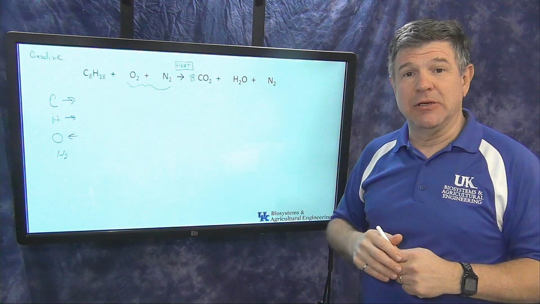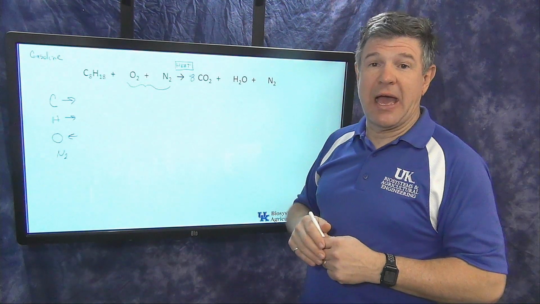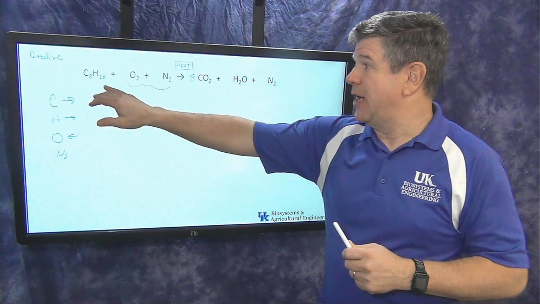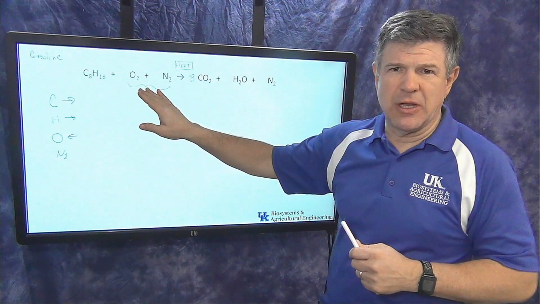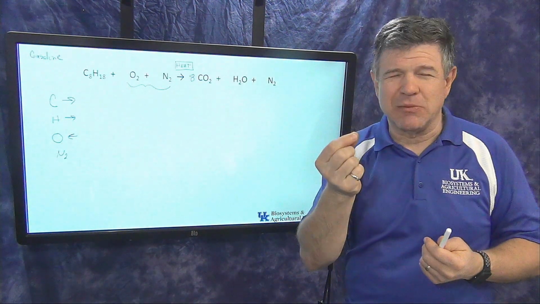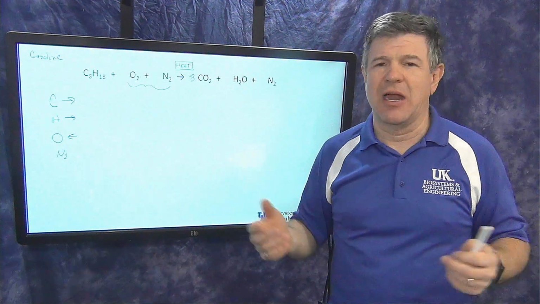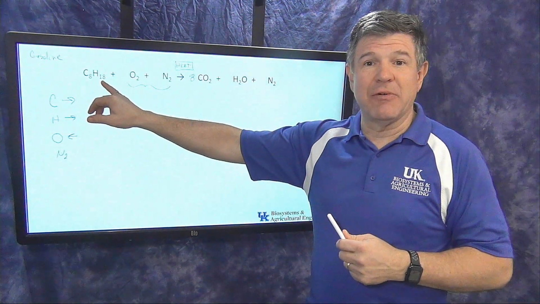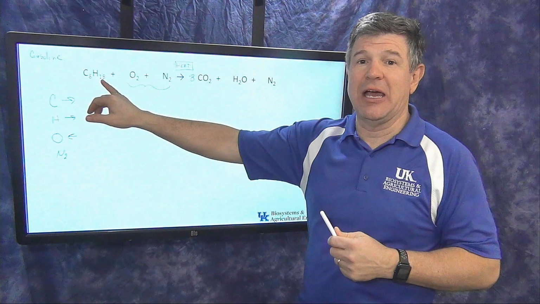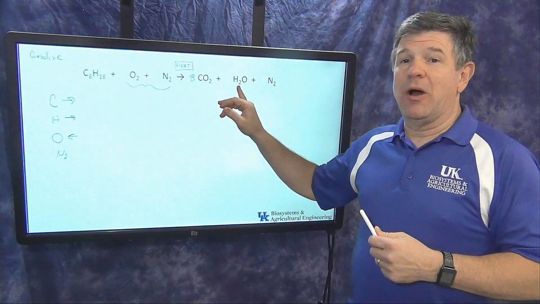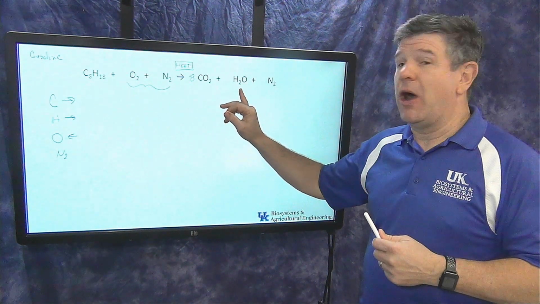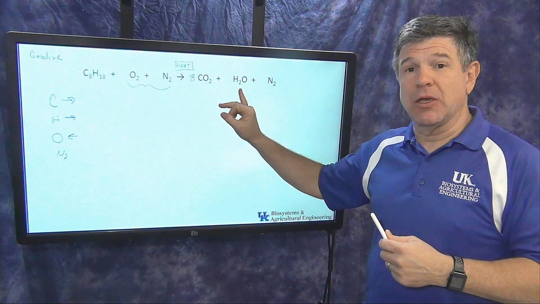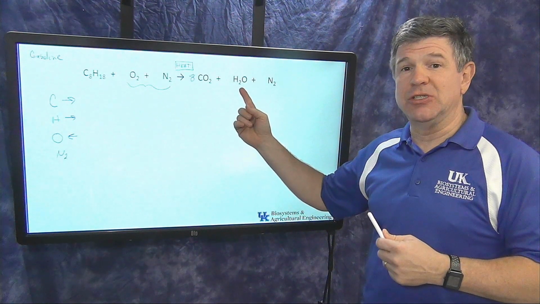Now let's do the hydrogen. How many hydrogens do I have on the left? The only place I have hydrogen is in the fuel molecule. Again, there might be some trace amounts in the air, but it's not enough for us to bother counting. So there are 18 here, so I've got 18 hydrogens. How much water do I need? Each water molecule has 2 hydrogens in it.